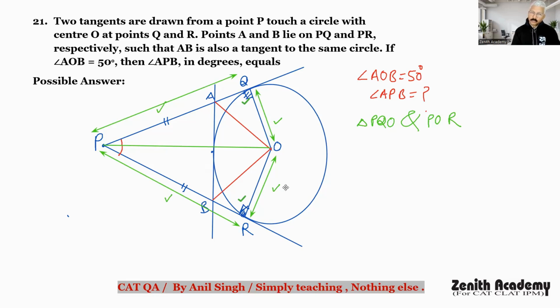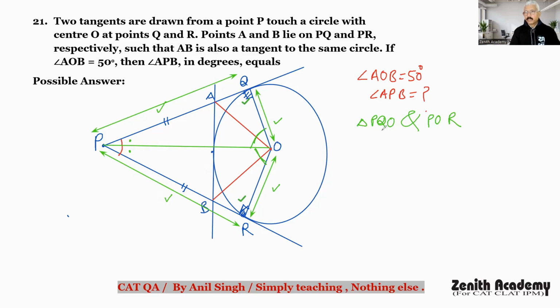So I think it is easy to say that both are congruent to each other. If congruent, then this angle will also equal this, and this angle will also equal this. It means you can say PO is like a bisector. So this angle will equal this. This point is clear.